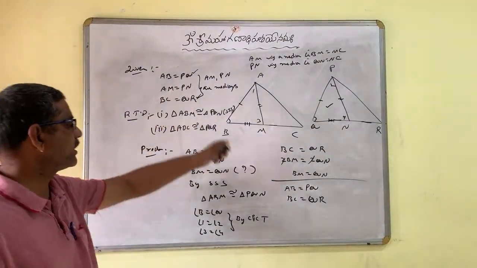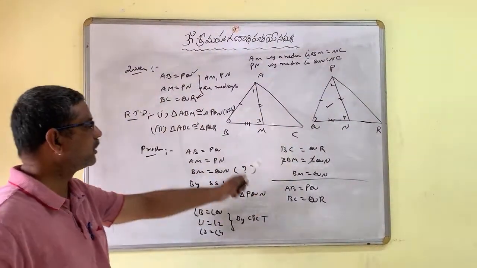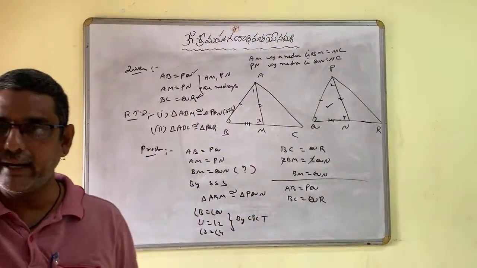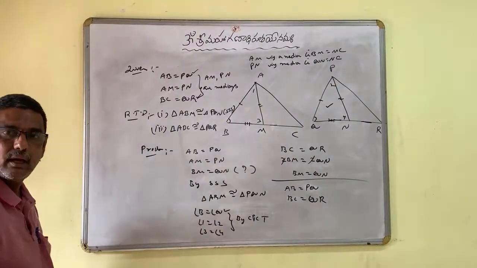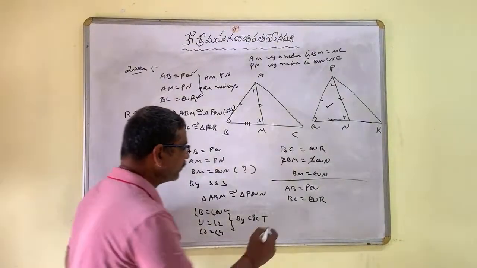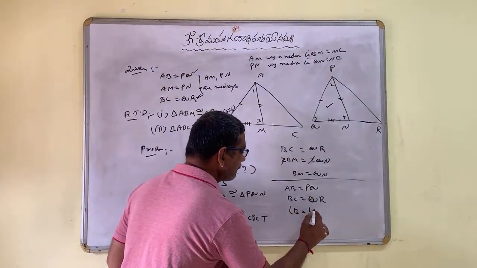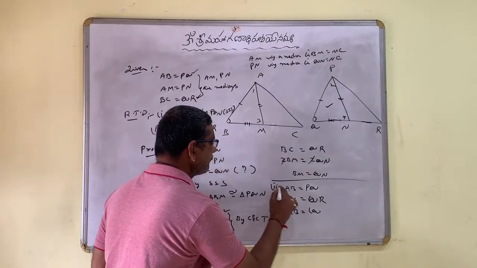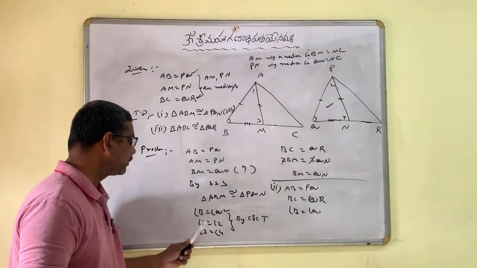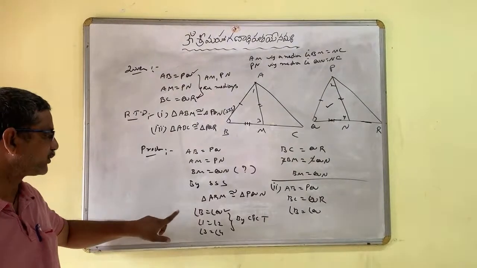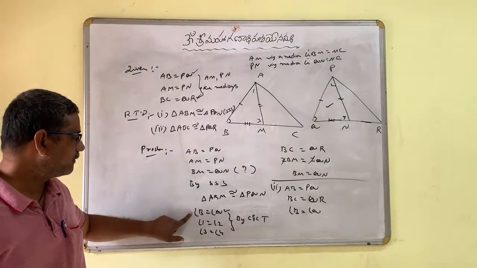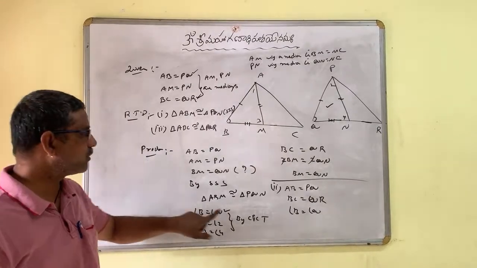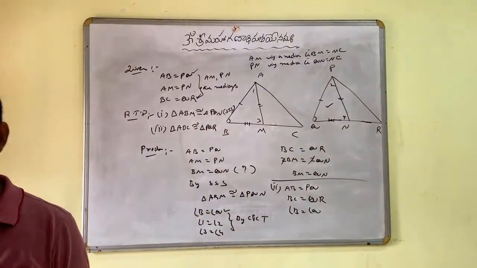And this one we can take: angle B is equal to angle Q, from the CPCT of the first one.